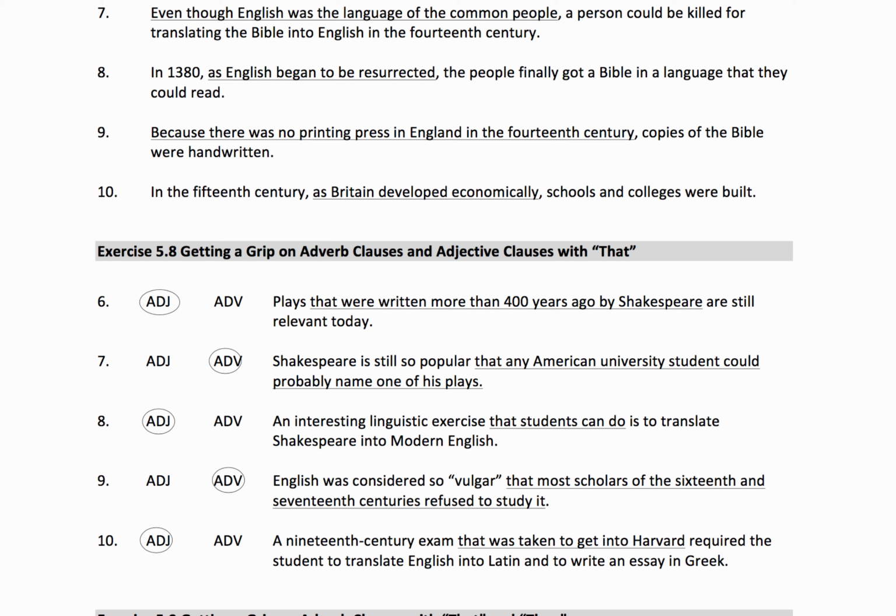So again, that clause here, sorry, I know this gets a little crazy with the this and that. That clause in number 9 is not telling us anything about a noun. Number 10, however, it is telling us about the exam. Which exam are you talking about? Oh, I'm talking about the exam that was taken to get into Harvard. So 10 is an adjective.